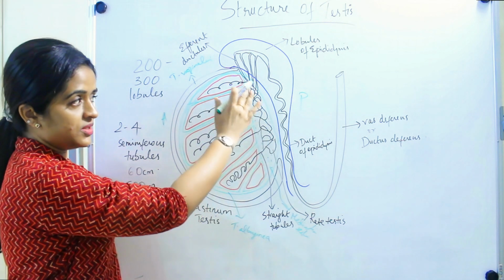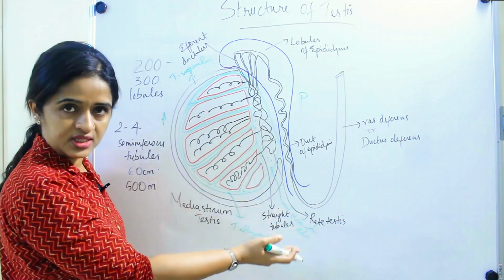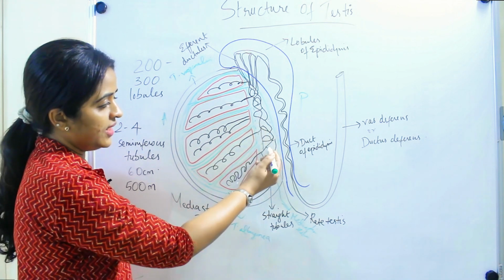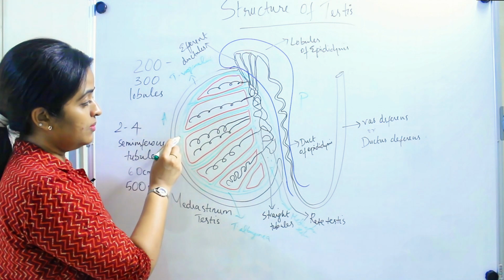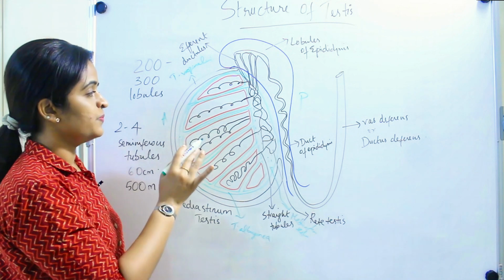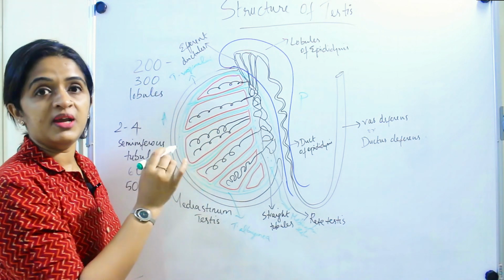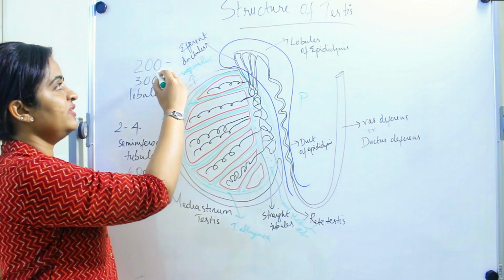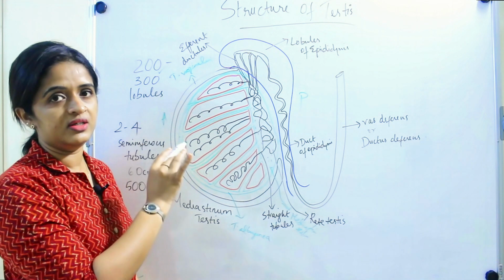So posteriorly the tunica albuginea is thickened to form the mediastinum testis, and from there the fibrous septa extend anteriorly to meet the tunica albuginea in the anterior and lateral aspects, so that it divides the testicular tissue into many lobules. It is said that roughly 200 to 300 lobules are there in a single testis.